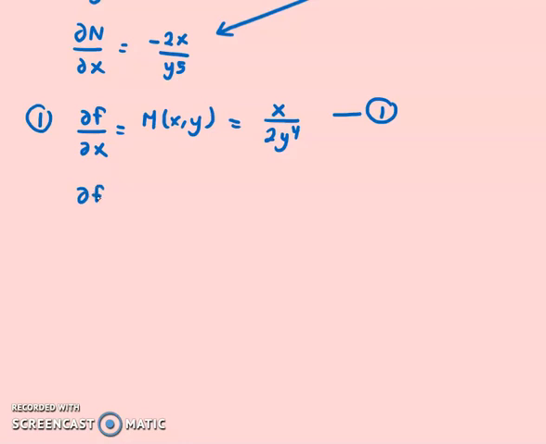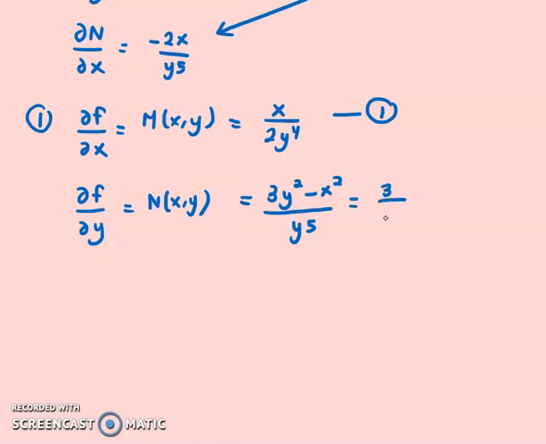Now we have partial f over partial y equals N of x,y, which is 3y^2 minus x^2 over y^5. So to simplify this, let's write this as 3/y^3 minus x^2 over y^5. This is my equation 2.